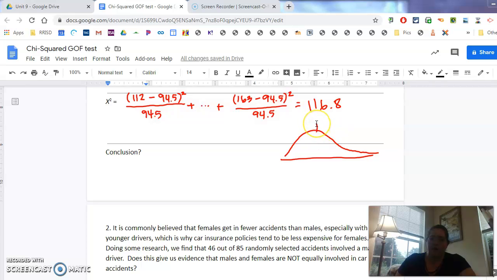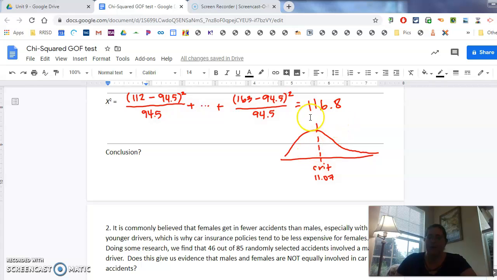Our chi-squared critical value was 11.07. So basically we were saying that's about as big as that chi-squared value should be if they were no different from what the claim was. If we get a chi-squared any bigger than that, then we're saying that's too big, those observed and expected values are too far apart, this is weird.